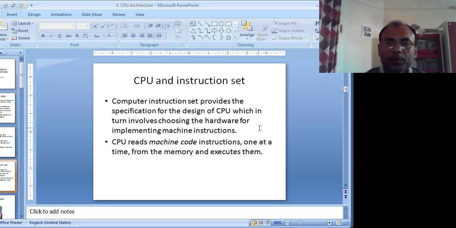Then the CPU analyzes and processes them and performs the operation. After producing the results, the result can again be sent to the main memory.